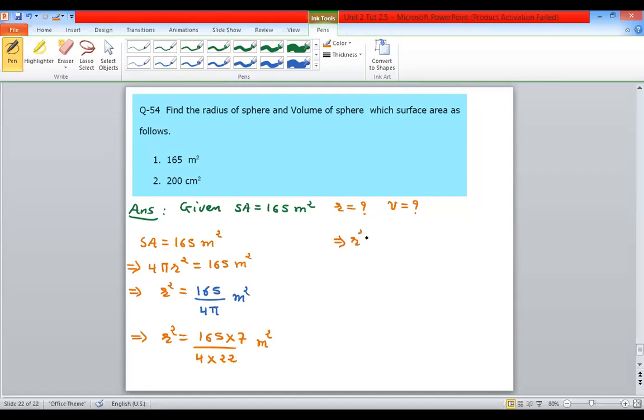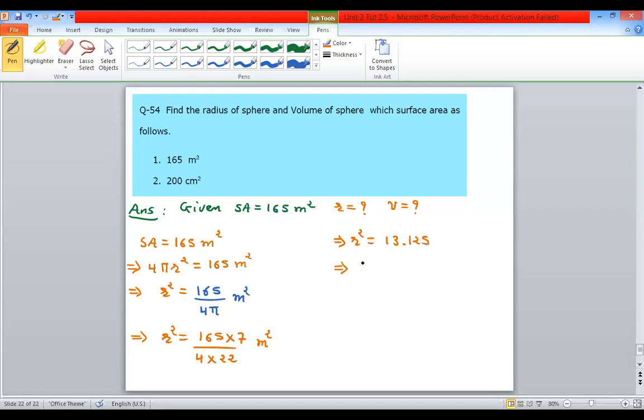Expand it, simplify it. 165 multiplied by 7, divided by 88. So it gives you 13.125.